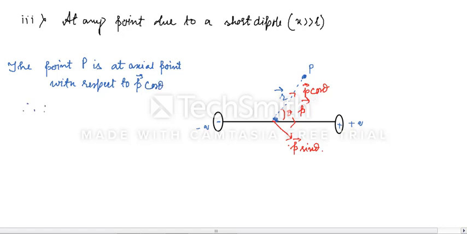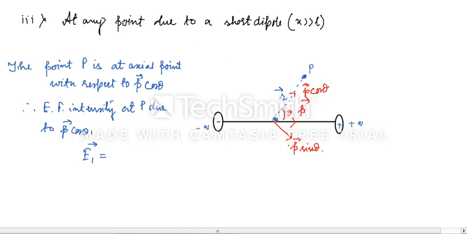Therefore, electric field intensity at P due to P cos theta, let's say this is E1, is given by the electric field.